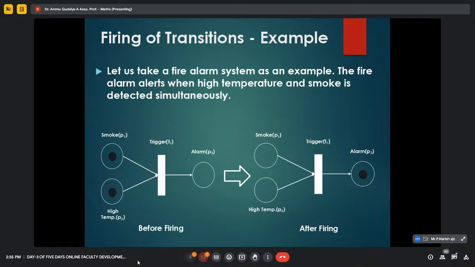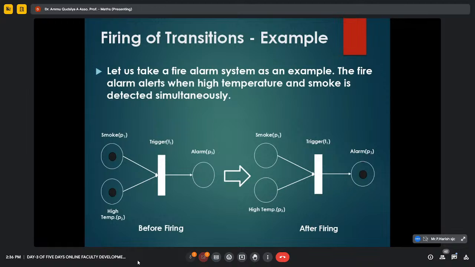So if these two tokens are present in these places, this transition will fire. What happens when it fires? When it fires, the alarm will be on. After firing, you can see that these two tokens are consumed and a token is deposited in the output place. So before firing, there was no alarm.